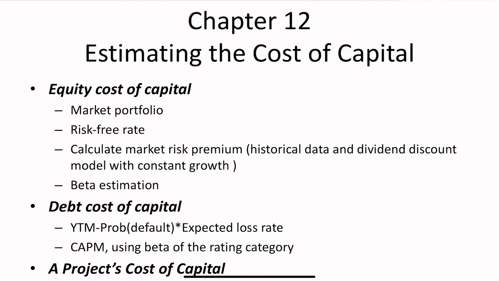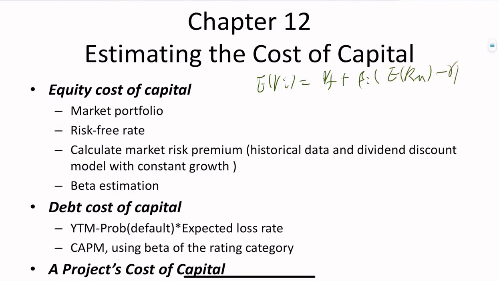So we have the second method to calculate the market risk premium. Because in essence, when you're talking about CAPM, the market risk premium is defined as the expected return on the market minus the risk-free rate.